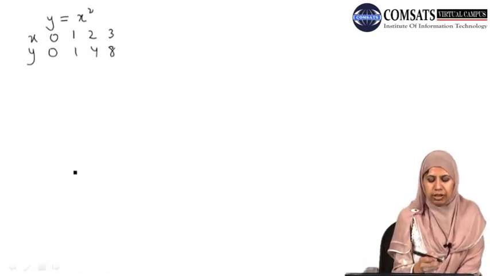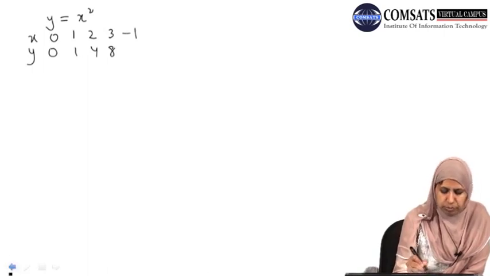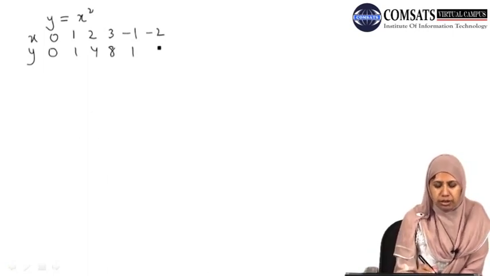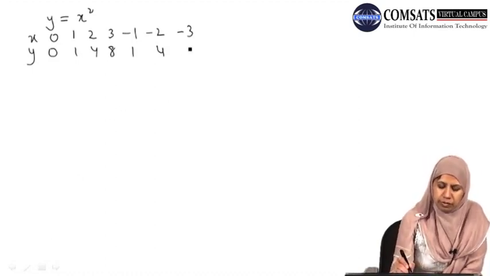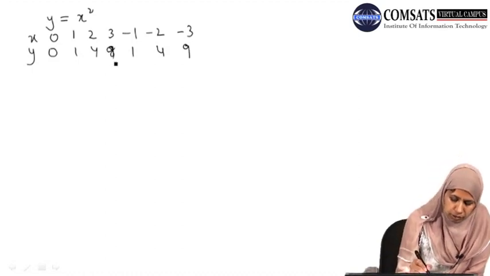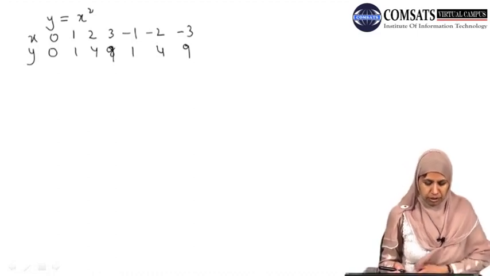And now again we have to take some negative values. When x is equal to minus 1, y will be 1. When x is minus 2, y will be 4. For minus 3, y is equal to 9. 3 square is 9. Okay.